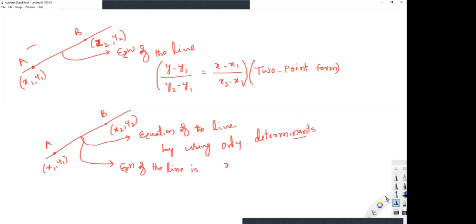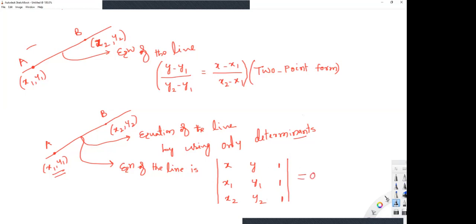First row you write x y, and the second row you write first given point, that is x1 y1, and again third row you can write second given point x2 comma y2. So here equation of the line by using determinant method, the third column is always 1, and the equation should always be equal to 0.